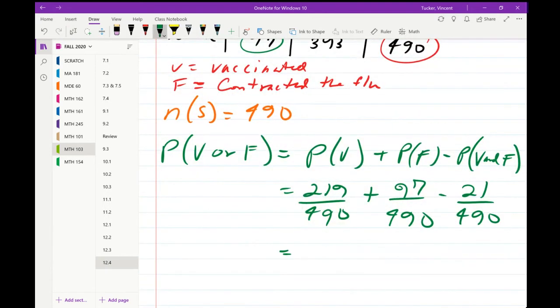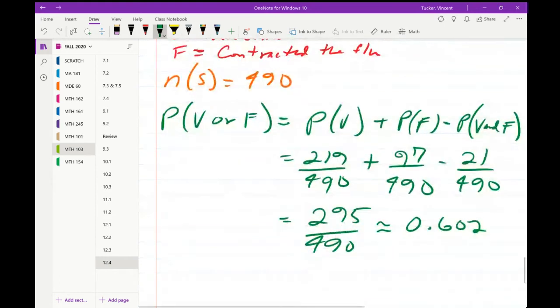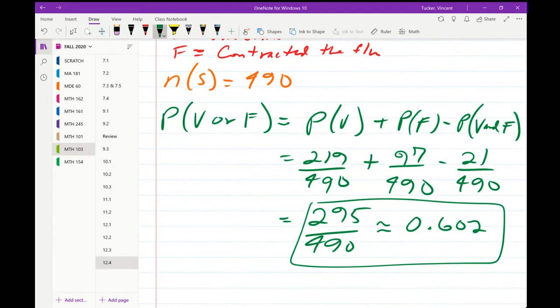All right. So that should be 295 over 490. And they gave the approximation of 0.602. And of course, the online homework system will let you know which answer they want.